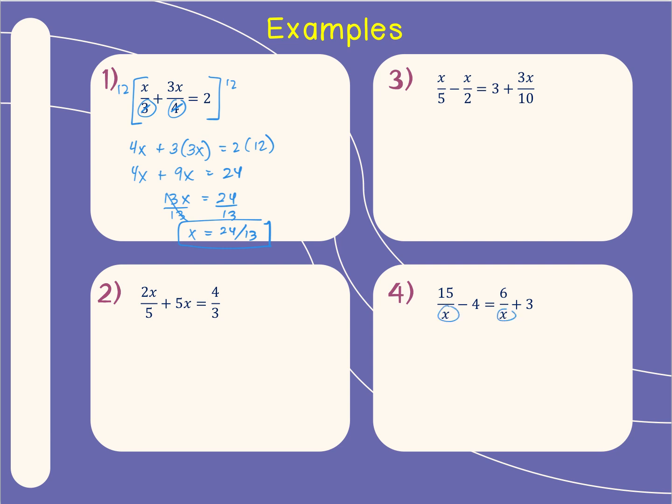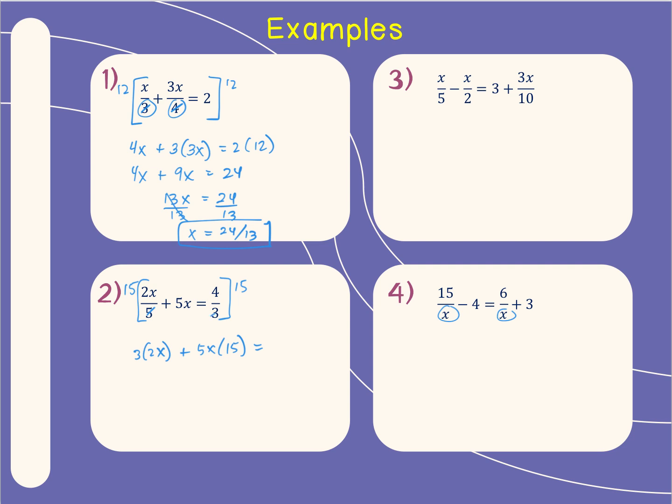So I'm going to go to number 2, and again, I'm going to look at this problem. I see that it's a rational equation, so I can multiply by the LCM or LCD. In this case, 5 and 3 have a least common multiple of 15. So when I multiply the first term by 15, the 5 is going to cancel. I'm going to be left with 3, and I'm going to multiply it by 2x. When I multiply 5x by 15, I'll figure that out after.